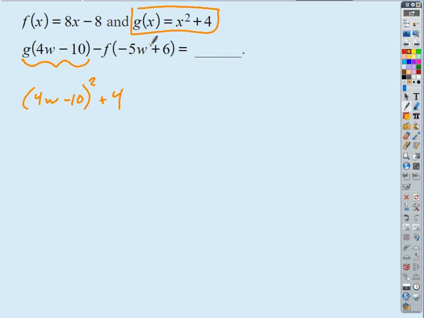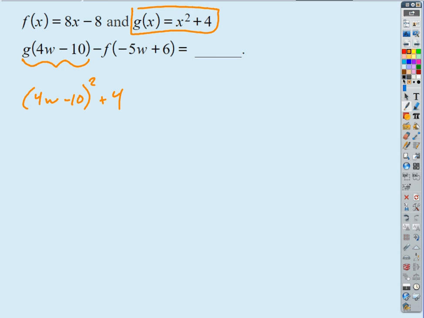The input is just behind my hand. We'll call it hand, right? So g of hand is going to be hand squared plus 4. I've got to square the entire input, even if it's a lot of stuff. That's what my rule is telling me to do. Whatever the input is, I square it and then add 4 to the result. Okay? So that's what we get from this first part.